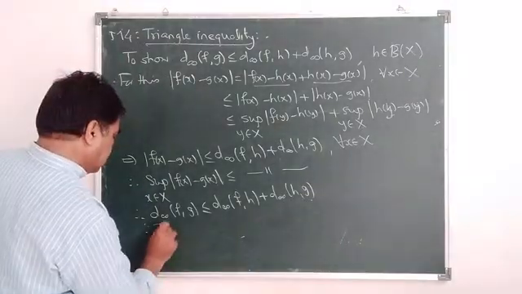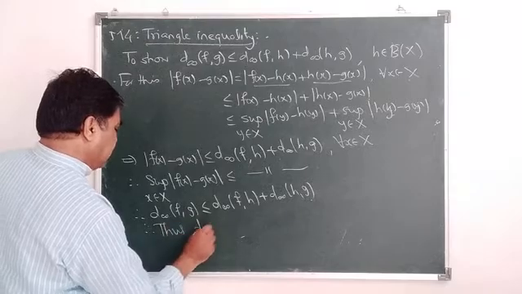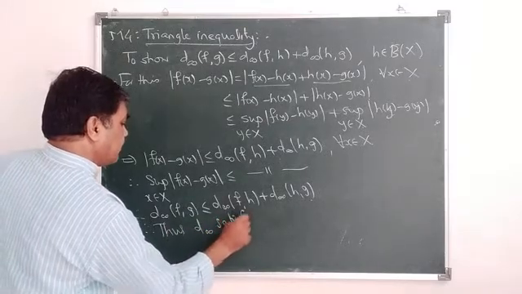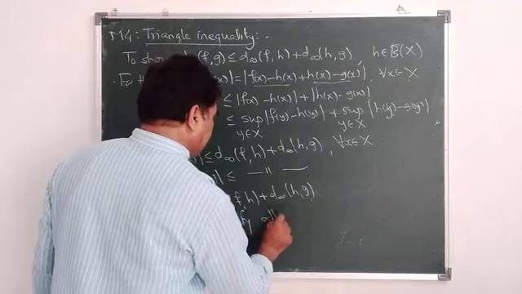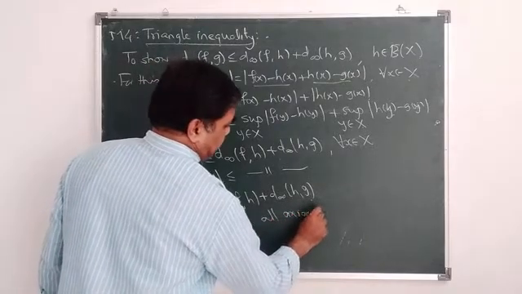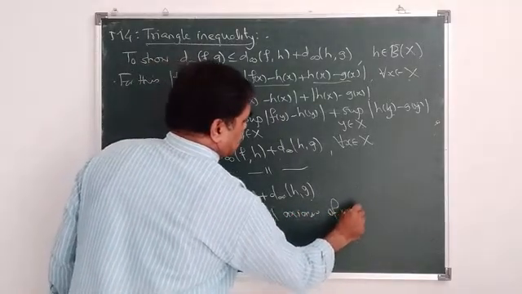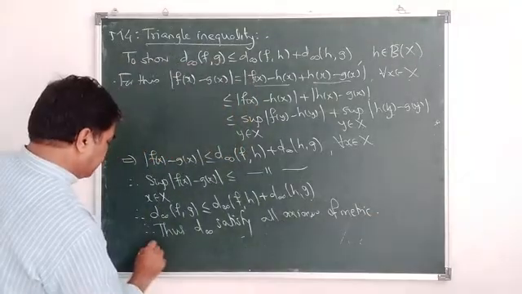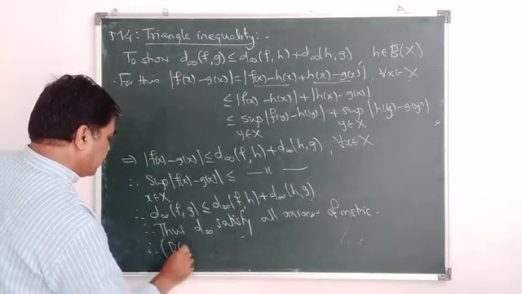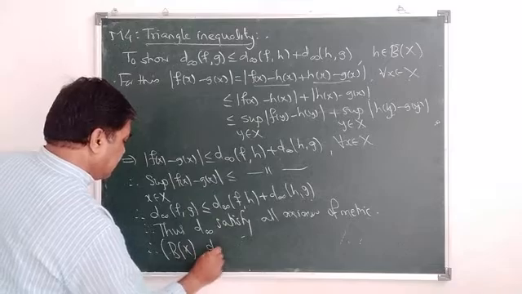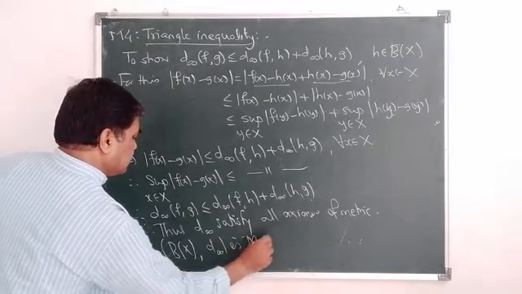Thus d infinity satisfies all axioms of metric, and therefore Bx together with d infinity is a metric space.